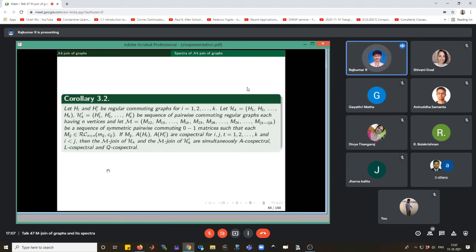So this is a major result, and from it, as special cases, we deduce several results on the spectra of M join of graphs.